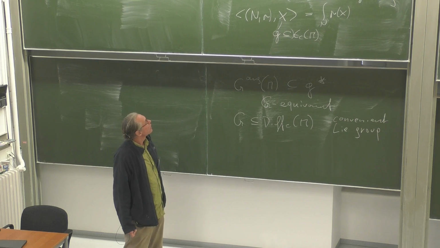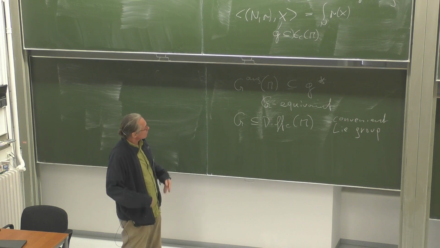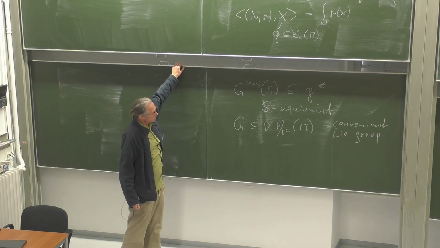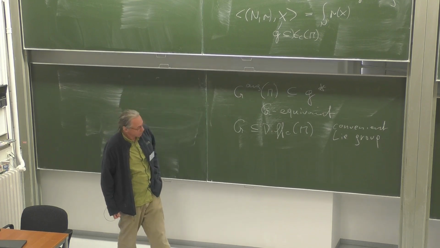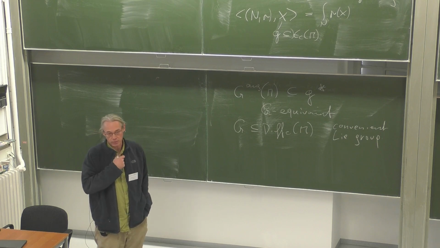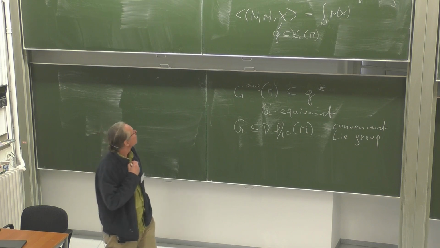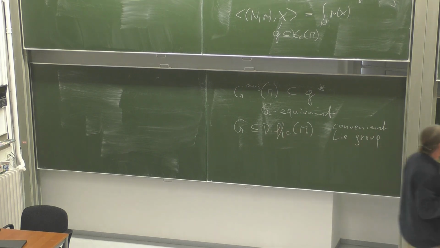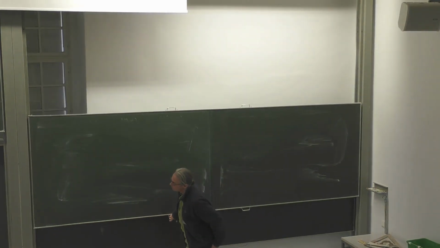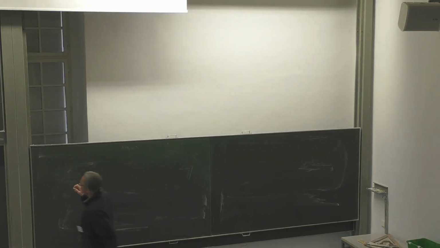There are different ways of putting smooth structures here, and maybe I'll show you a few examples first and then indicate how we're going to put a smooth structure on some orbits. It's way too much to ask for a smooth structure on an arbitrary orbit. So what are the typical examples here?